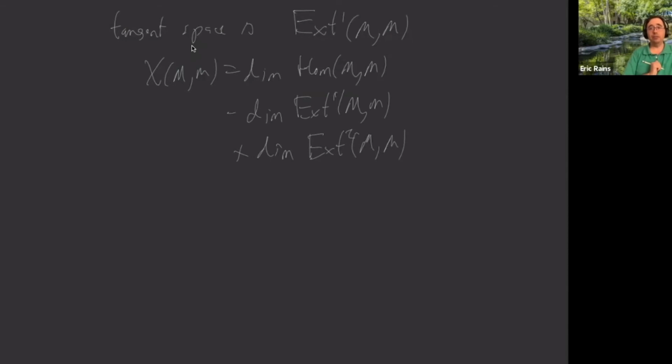But we have Serre duality. So the dimension of Ext^2 is the dimension of the Hom from M to M tensored with a canonical class. But we understand the canonical class because we have this nice anti-canonical curve.